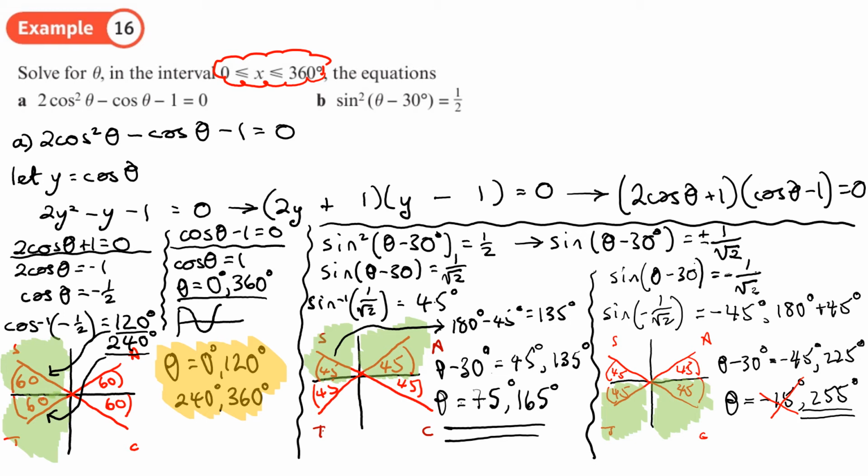Putting our three solutions together, the two we've got there and the one we've got there, we can say right at the very end that theta can be 75, 165 or 255. Let's sign off like that as our final solutions for part B.